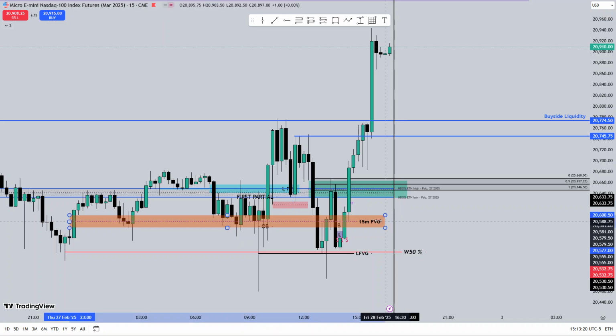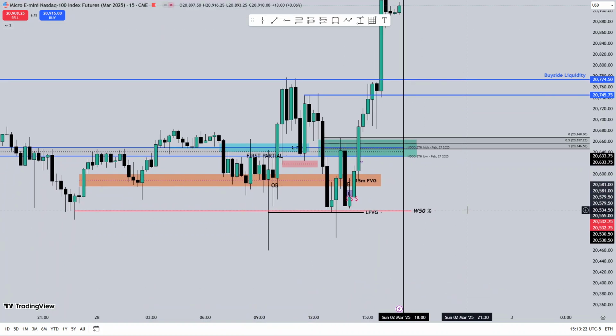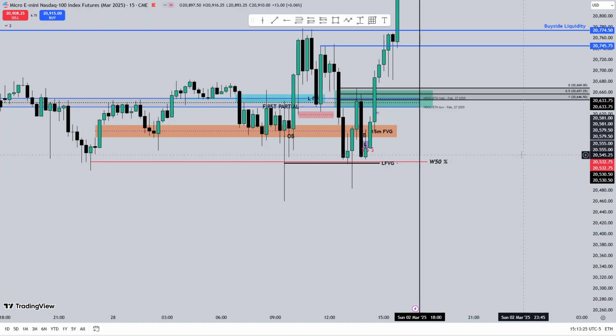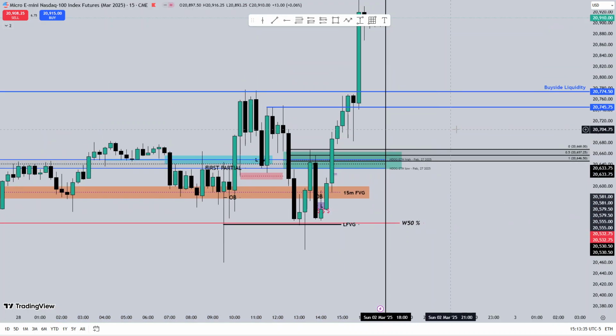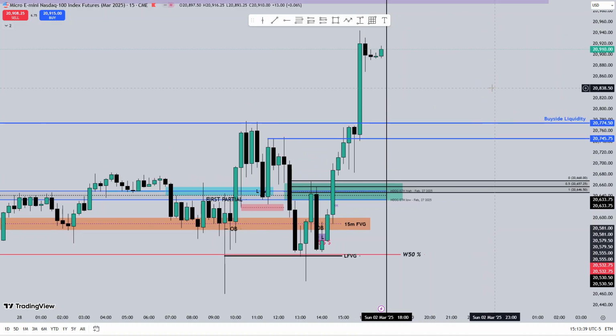When the 15-minute candle closed below this, I was thinking of taking a sell, but I didn't take my sell because I couldn't find any sort of liquidities, and everyone knows that the market goes for where the liquidities are. If there is liquidity on the buy side, the market won't go for the sell side.